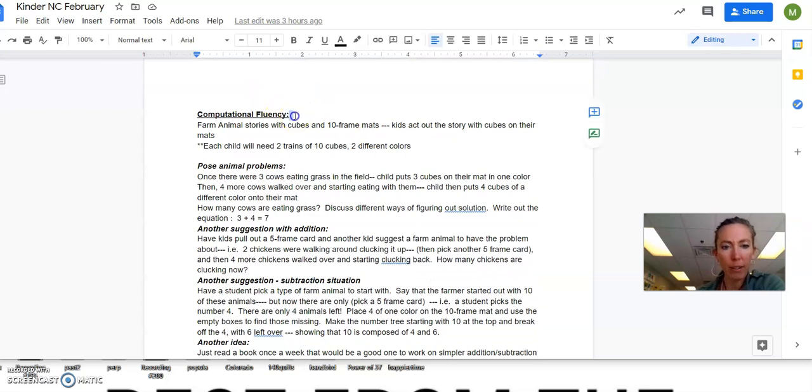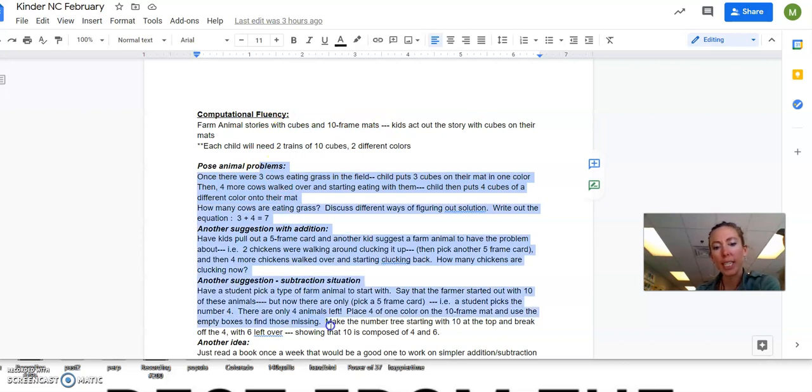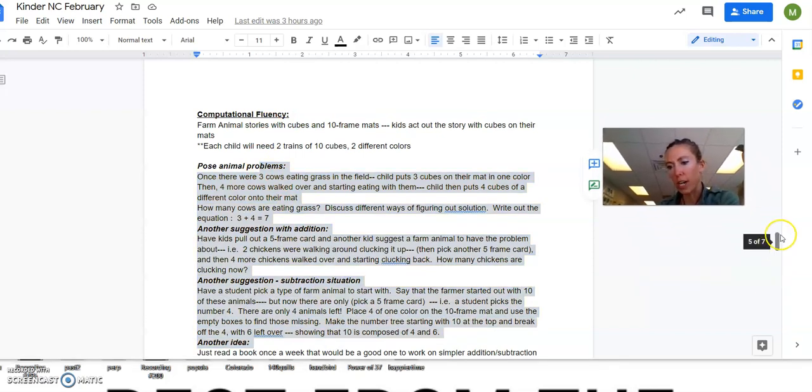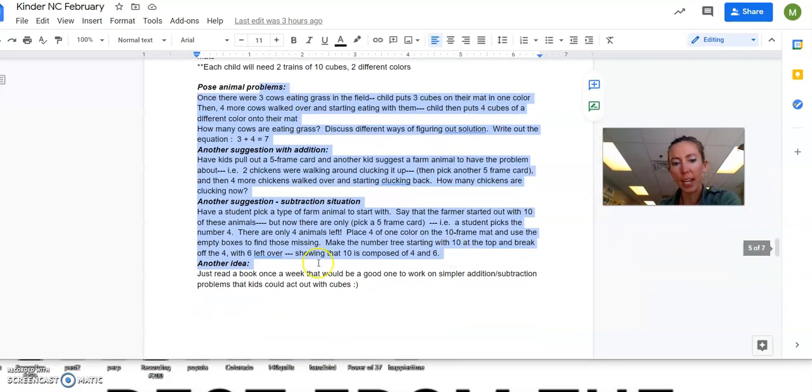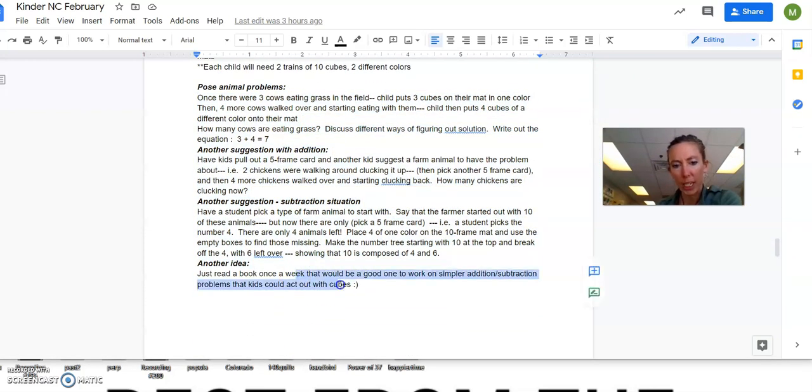Then you have the component of computational fluency. And this is all about story problems with addition and subtraction and trying to have the kids use cubes and 10-frame mats to act it out. So you could use these ideas down here for how to come up with stories, or you can just read a fun book once a week that would be good to come up with addition and subtraction problems.